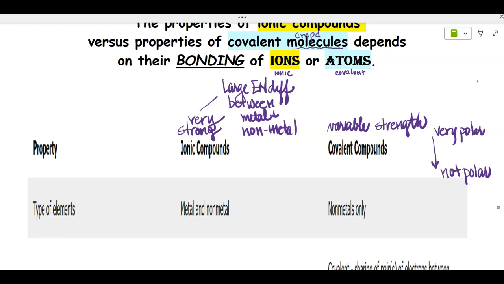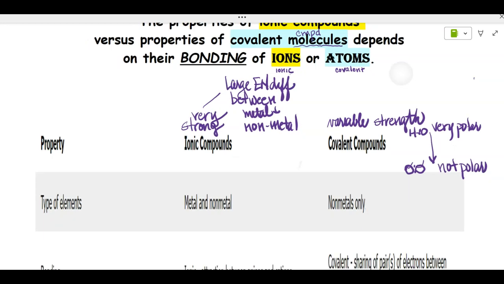That would be like oxygen and oxygen, two oxygen atoms, versus something like HOH, where the hydrogen-oxygen bond is very polar. The oxygen-oxygen bond is very nonpolar. There are many in between, but the strongest bonds are the very polar ones, because they're polar because the electronegativity difference is so great.